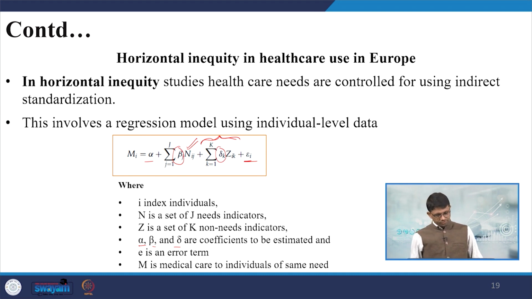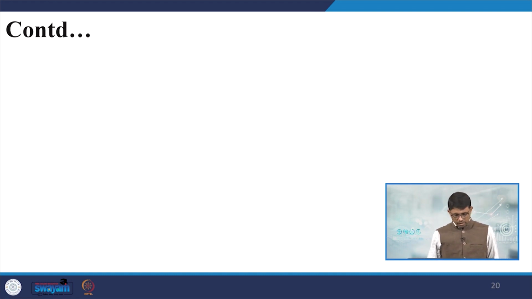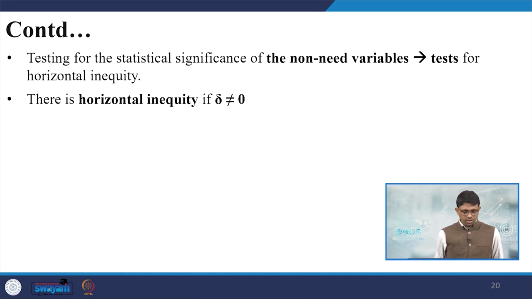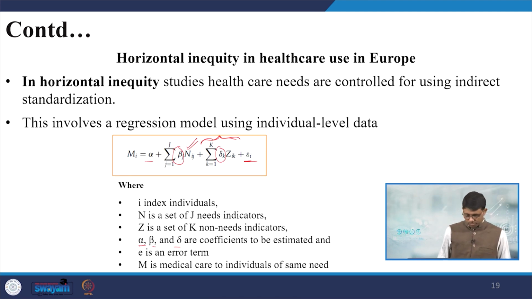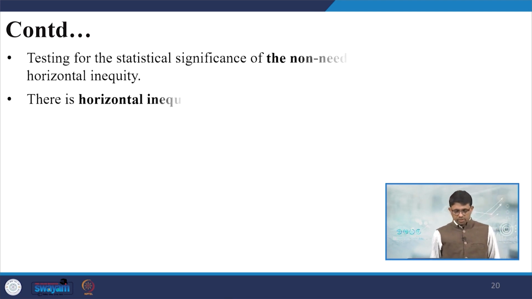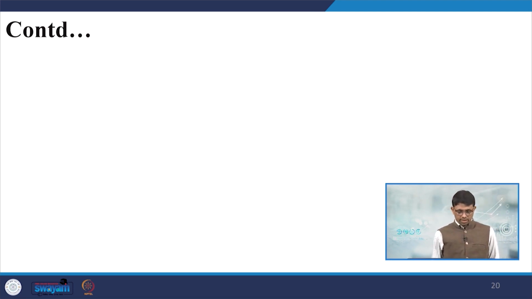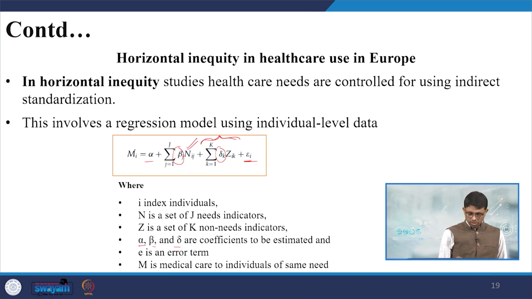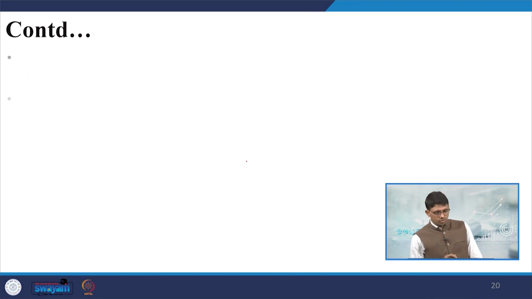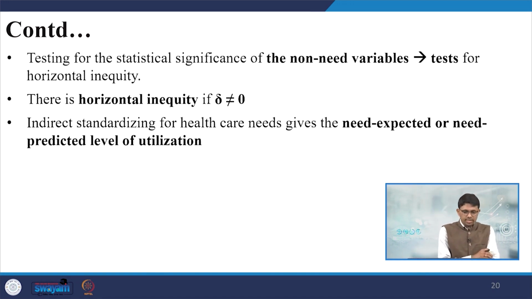If this delta value is non-zero, then there is horizontal inequity. That means these M needs are not completely equalized, because there is a non-zero component here as well. We will clarify this.